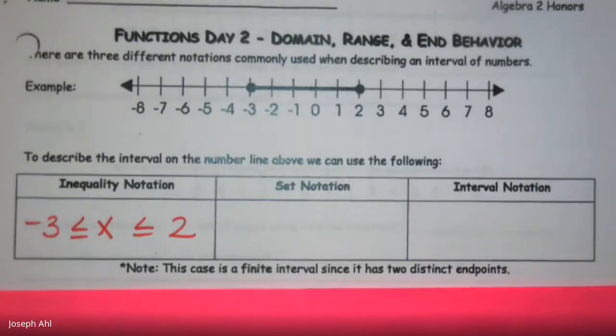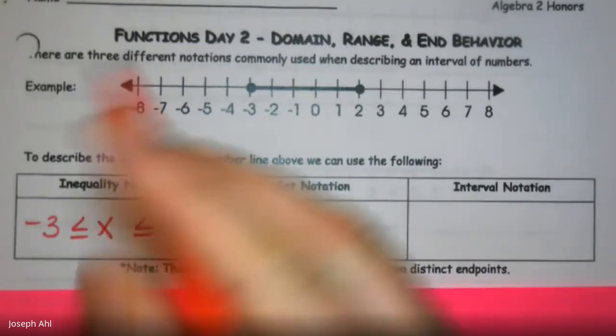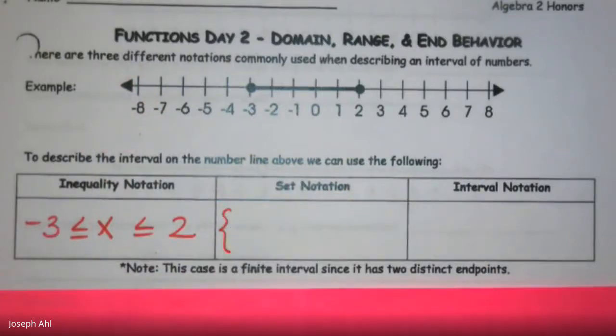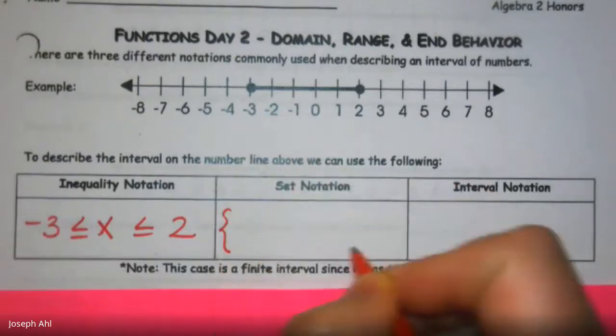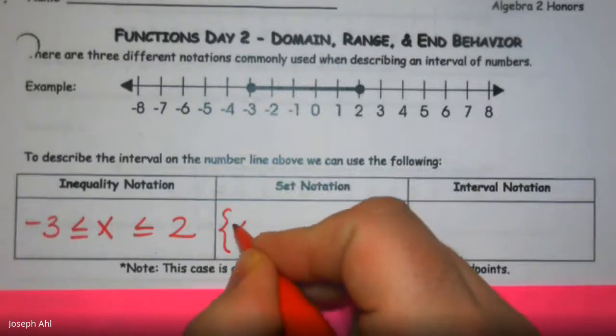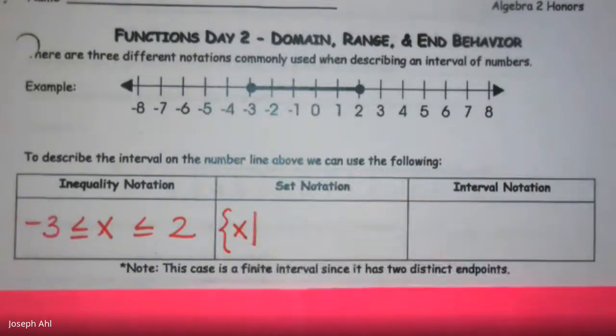Now, from inequality notation, I always like to do set notation next because it's based on what we just wrote with the inequality notation. It's really just a fancy way of writing an inequality using a fancy set of brackets. So we're going to say that the set of numbers and values represented here is the values x, and then draw a vertical bar.